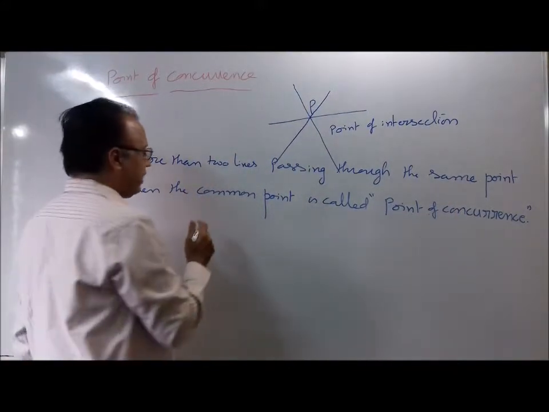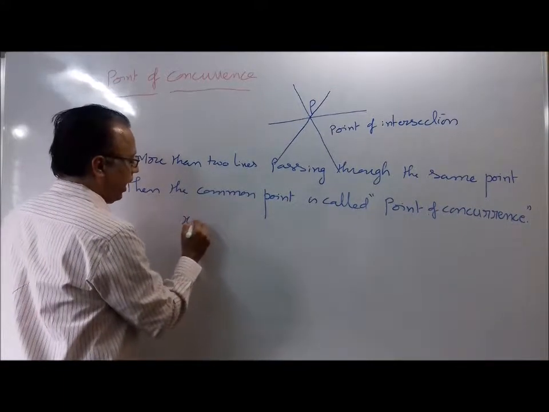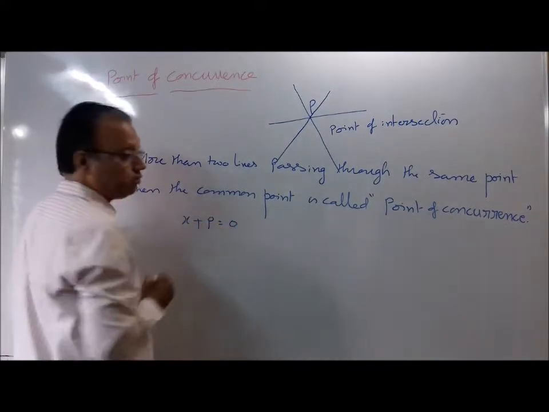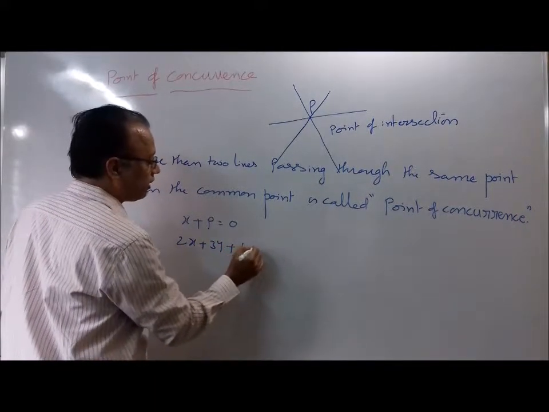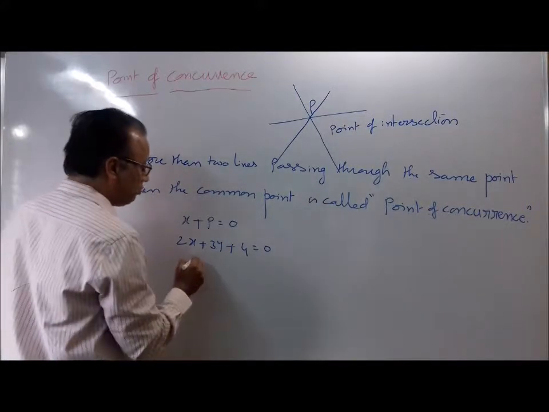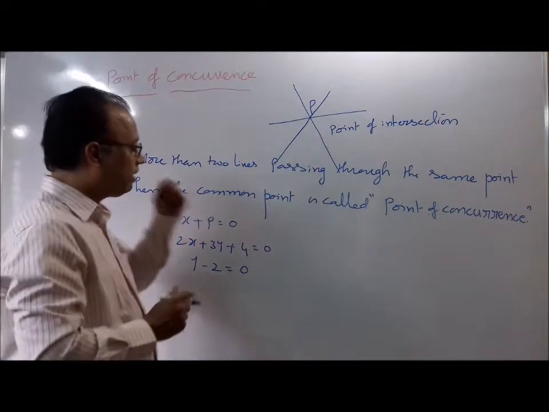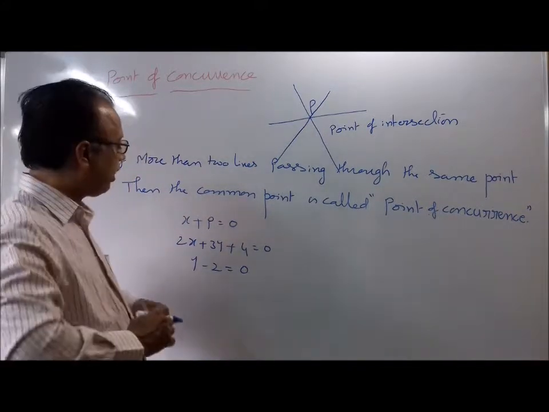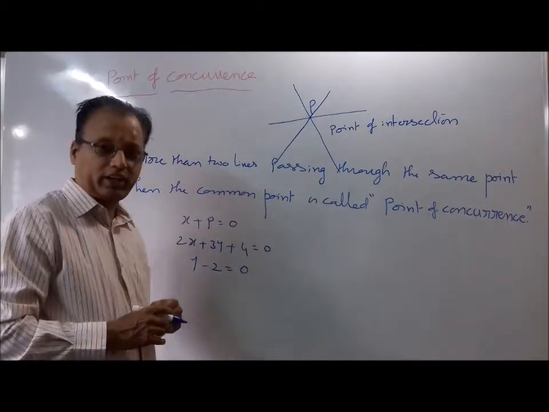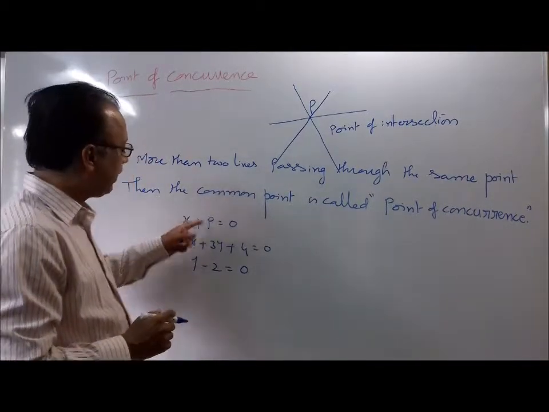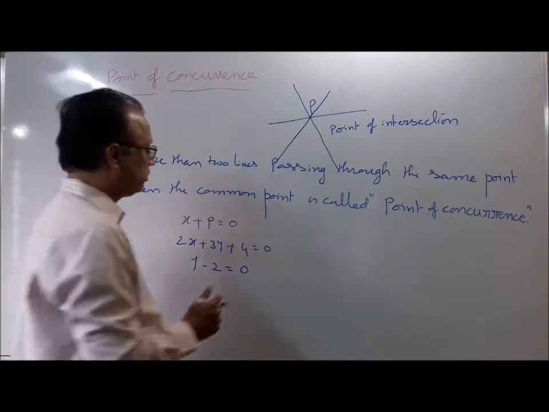Suppose three lines are given to you: x plus p equal to 0, 2x plus 3y plus 4 equal to 0, and y minus 2 equal to 0. It is given that the three lines have a point of concurrence, and then the three lines are called concurrent lines.